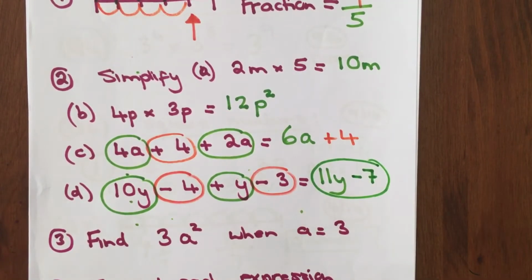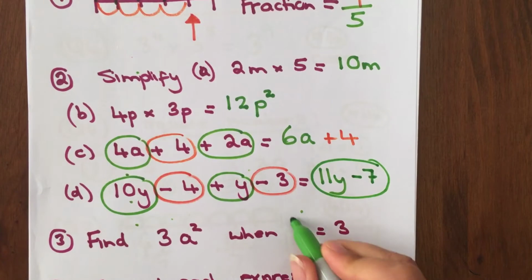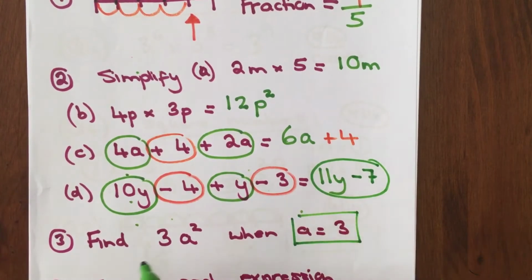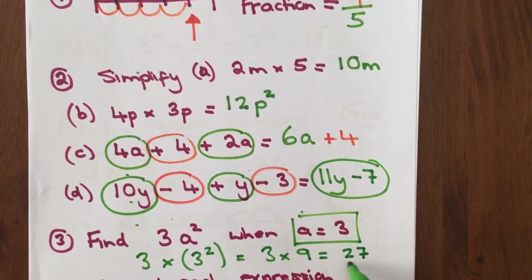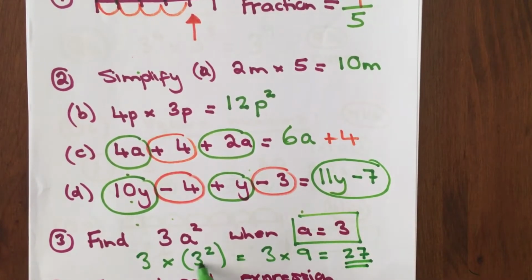Okay, 3a squared. You're told a is equal to 3. So it's 3 times 3 squared, which is 3 times 9, which is 27. You work out the indices first.